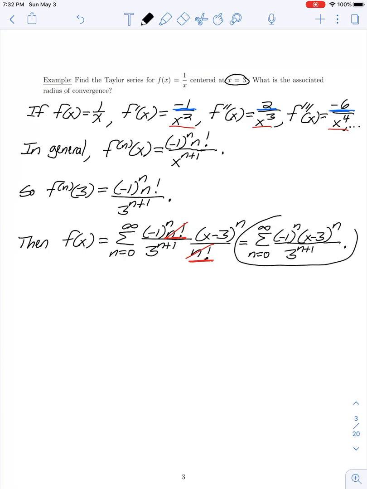So this would be the Taylor series for that function centered at 3. And then the question is, what is the associated radius of convergence?